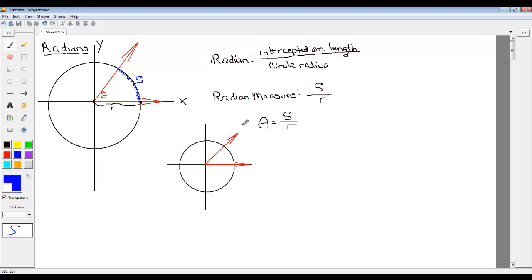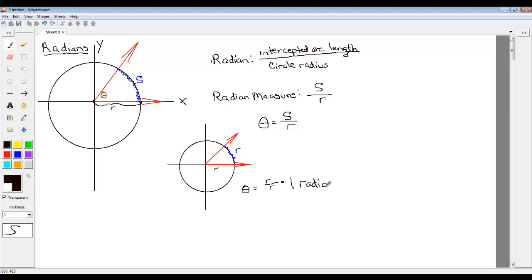Let's say the intercepted arc length is the same length as r, as the radius. Well, in that particular case, the radian measure would be r over r, or 1.